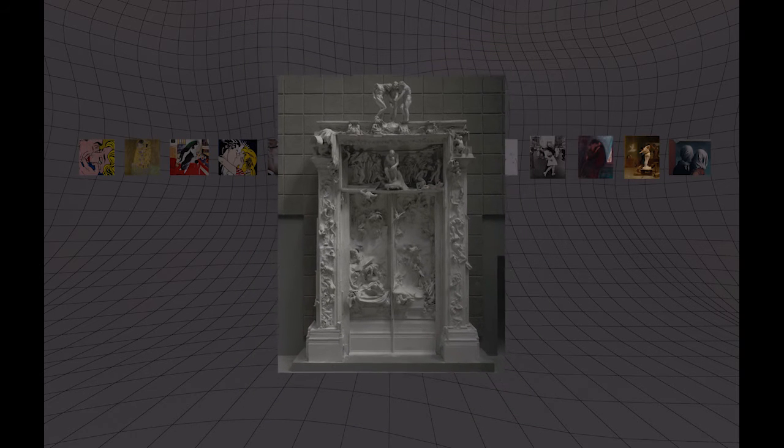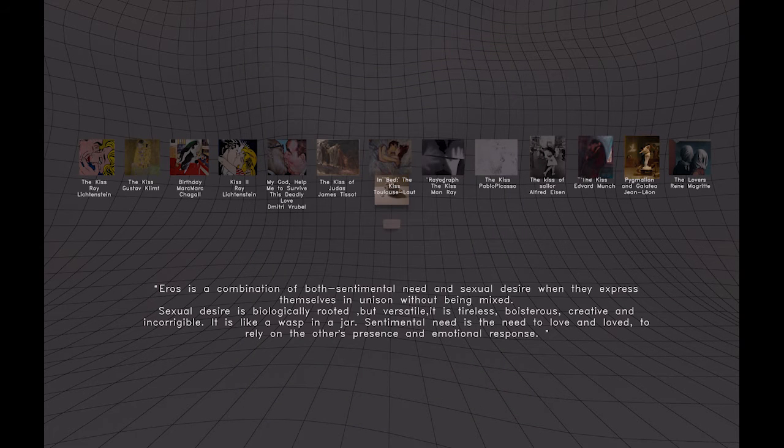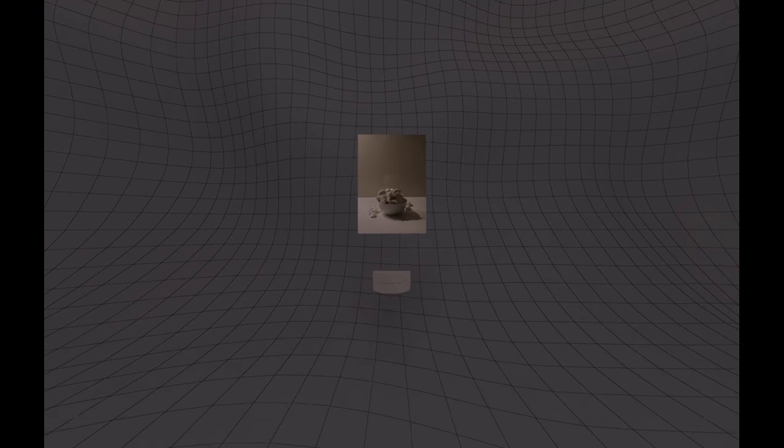The precedent study is Rodin's Gate of Hell. This is a change between two physical ways, as a collection way merged on the gate. To reflect that, the case paintings are collective and curved in unfolding, to demonstrate multiple feelings and imagination of desire.